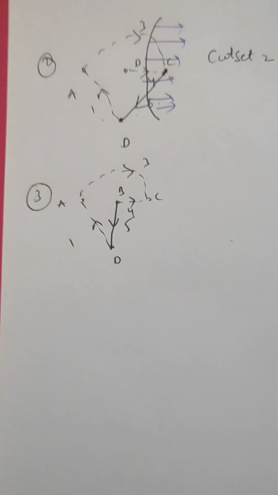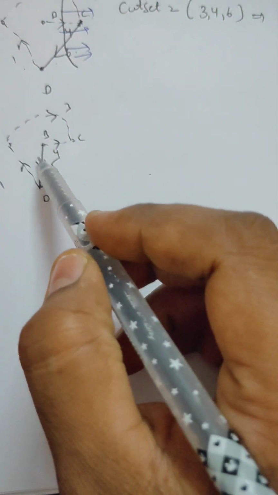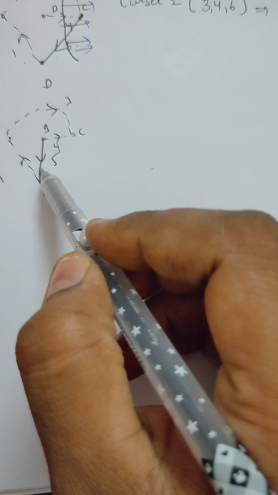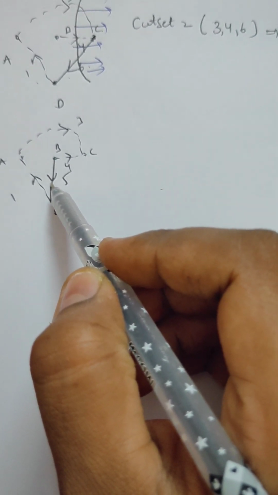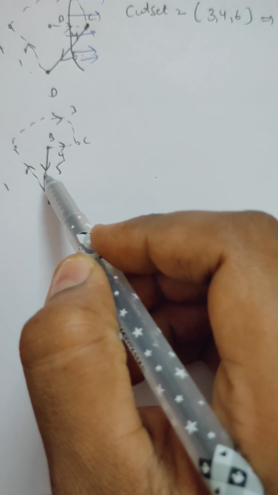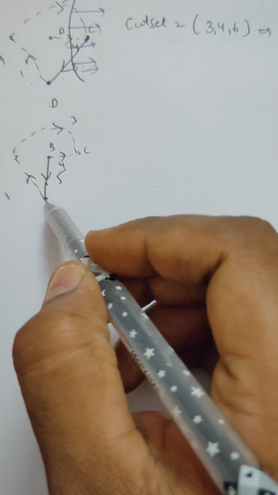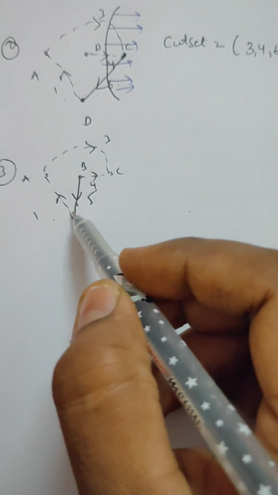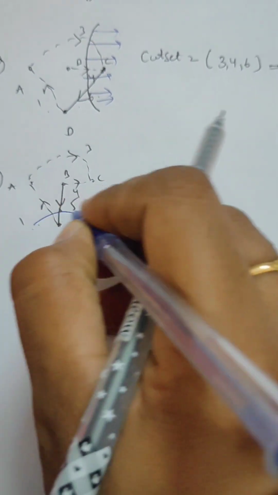Then similarly consider cut set 3. In this cut set 3, I am considering branch 5. Here it has only one link and one twig, so we can cut this node.